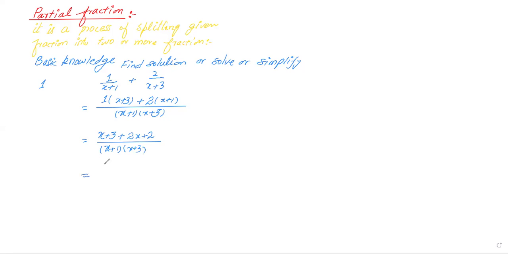This x and this 2x, by adding, I get 3x, and 3 plus 2 becomes 5, divided by x plus 1 times x plus 3. That is the solution, or simplification, of this.